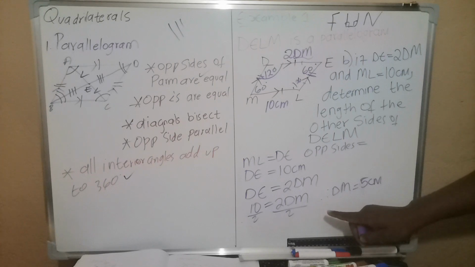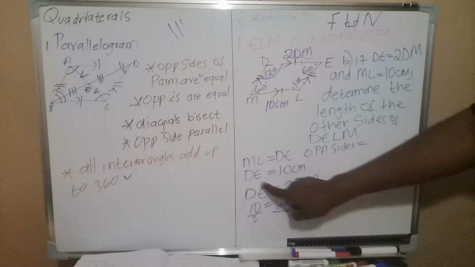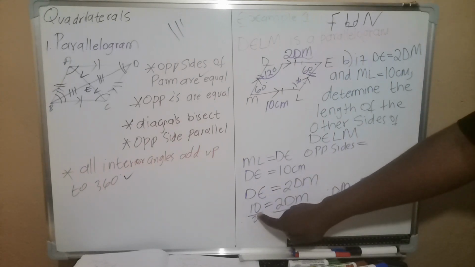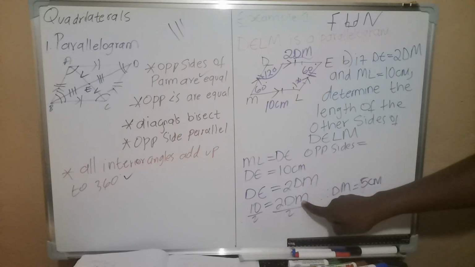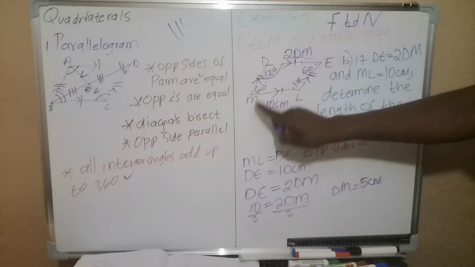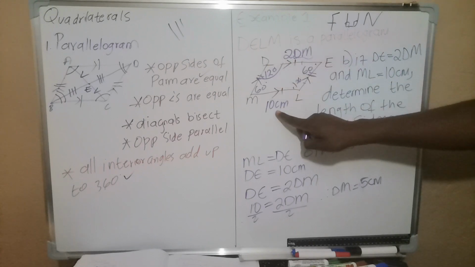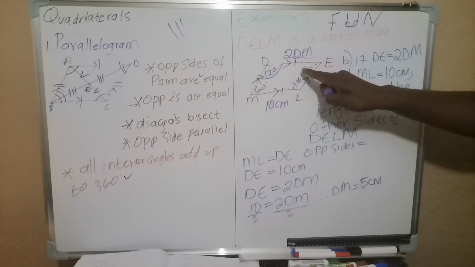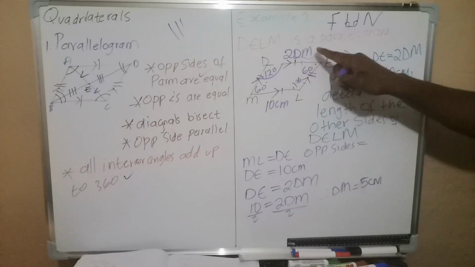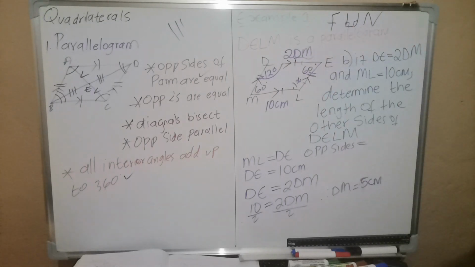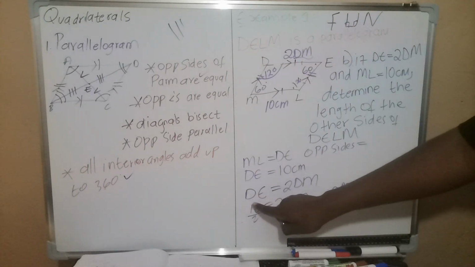Please indicate if you don't understand why we say DE is equal to 2 times DM. We want to find this side, DM. Why do we use this way? Because we already know the side DE is equal to 10 centimeters, but DE cannot be found from DM, which is a variable. To remove it, we must go this way.